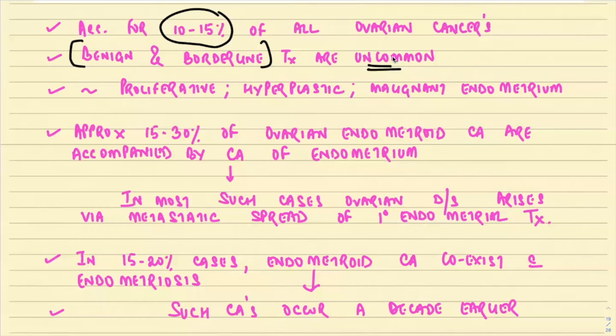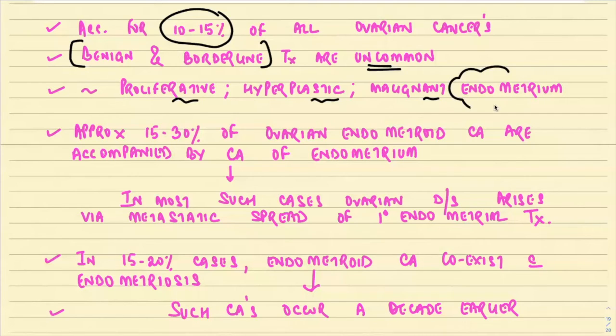Third thing is that these tumors are proliferative, hyperplastic, and they resemble the malignant endometrium. Do you remember the endometrial carcinoma that we read in the previous classes? This endometrioid variety of carcinoma is very much like the proliferative endometrium, or endometrium showing hyperplasia, or even the malignant endometrium.